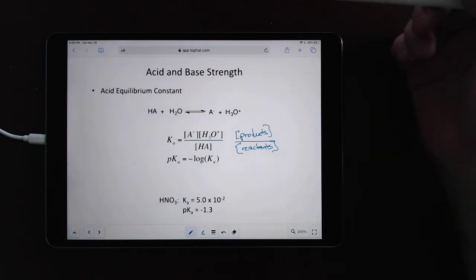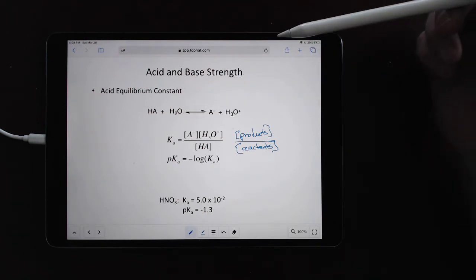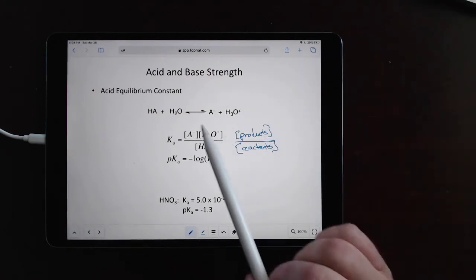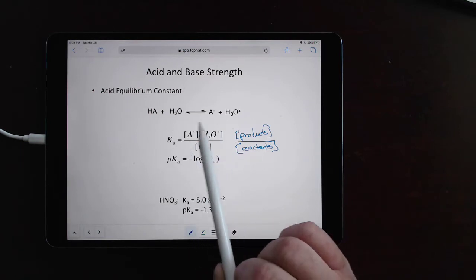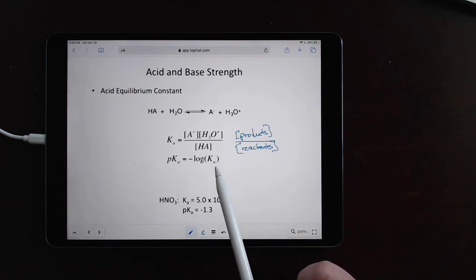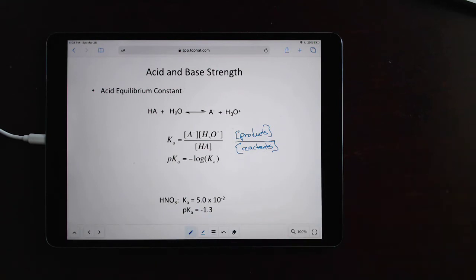Pure liquids and pure solids, their concentrations don't change, so they are not part of the equilibrium expression. So if we have this equilibrium constant, what we can do is take the negative log of it and be able to rank them. And we put the negative out here just so that the numbers end up being a little bit easier to deal with. We like working with positive numbers as opposed to negative.